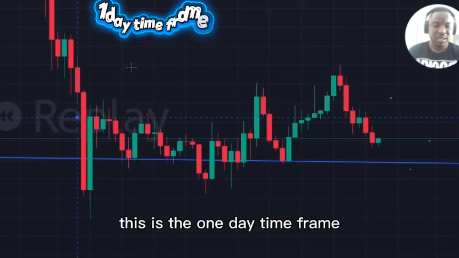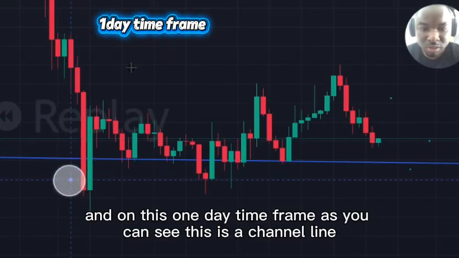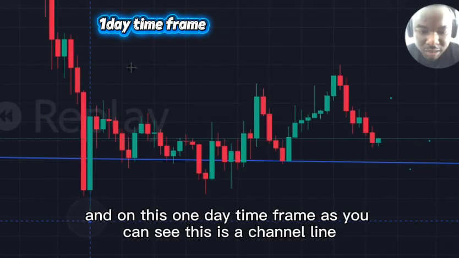This is the 1 day time frame, and on this 1 day time frame, as you can see, this is a trend line.